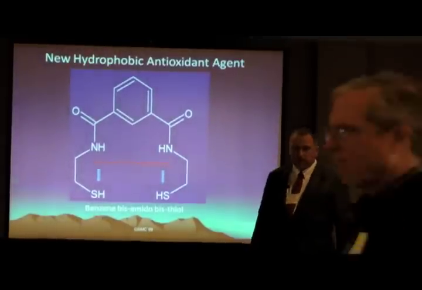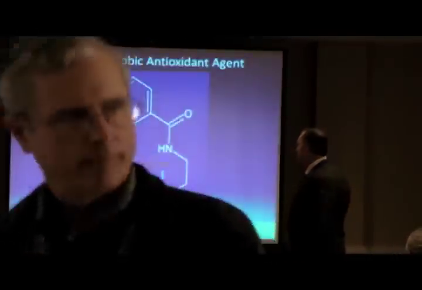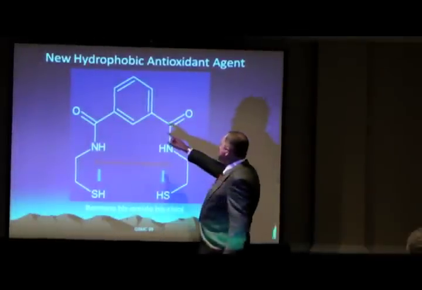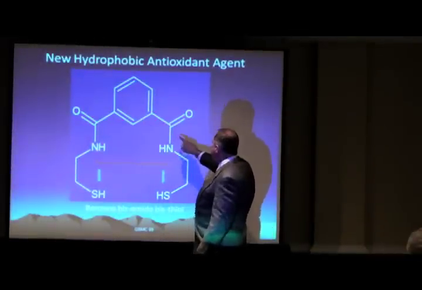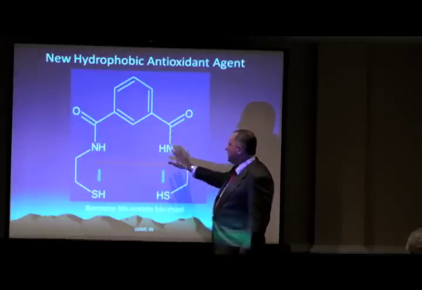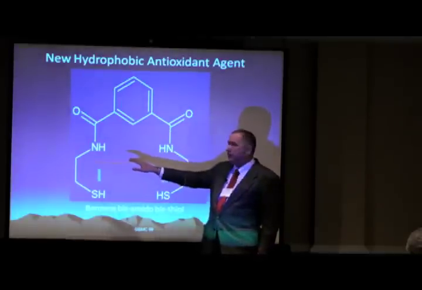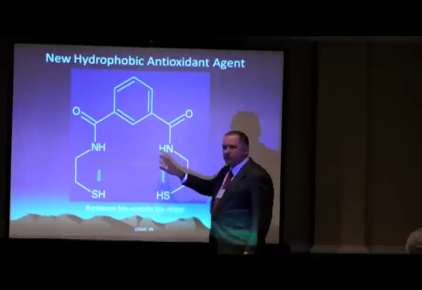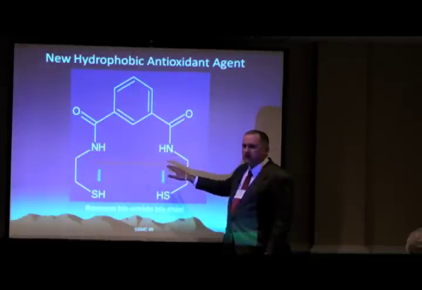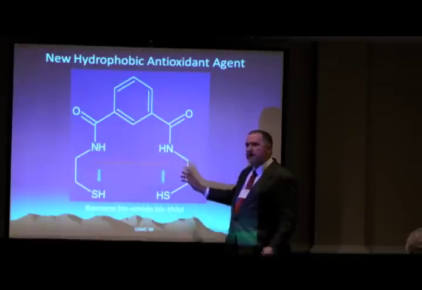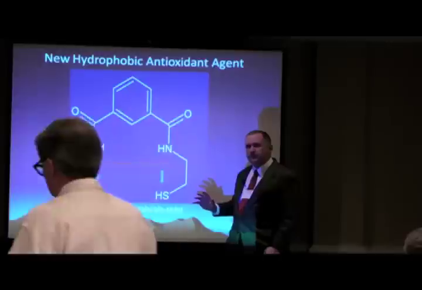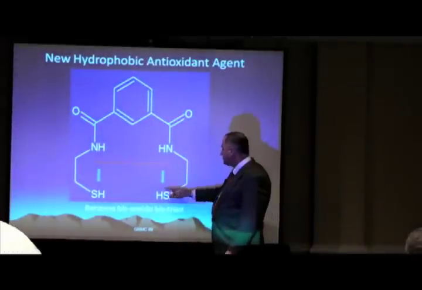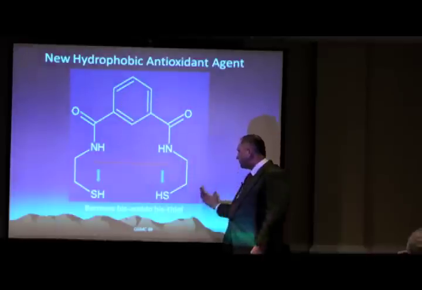I want to point out the chemical formula of OSR. It starts off with a dicarboxylic acid ring with a cysteamine moiety attached to two of the carbon molecules on the ring. And for those of you who want a picture of how it can connect up with toxic metals, these sulfhydryl groups can act like swing arms.